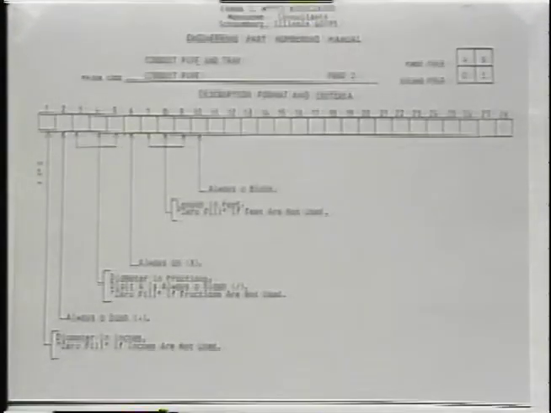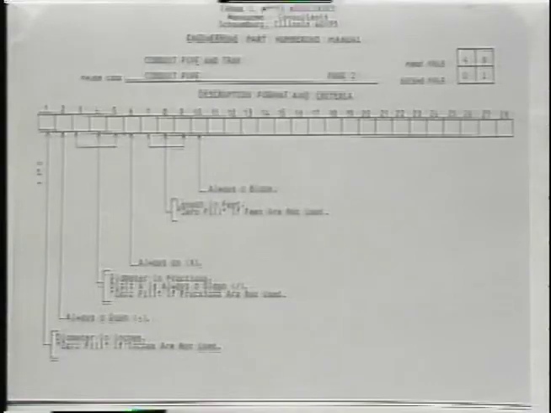So going to page 2 of 3, we have the description for conduit pipe. And this is very simple. We have the diameter in inches, and if it's not used, you zero fill. There's always a dash.